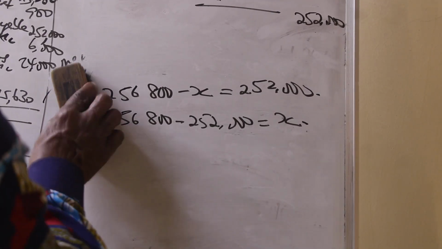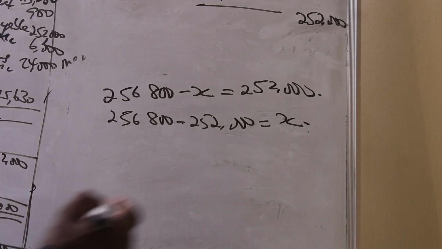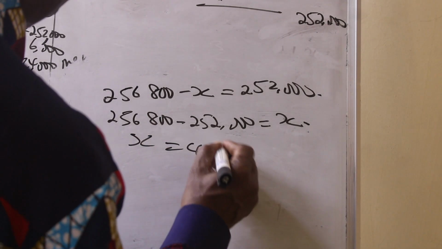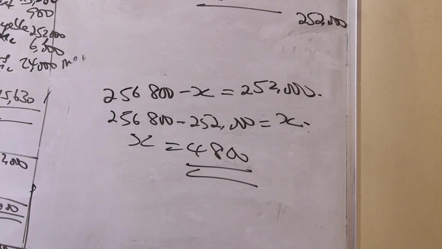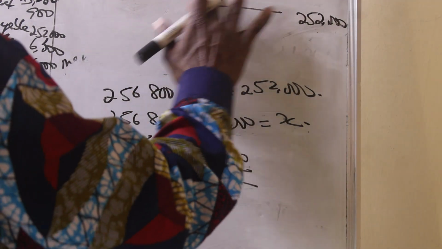We get our closing stock of 4,800. Our closing stock is 4,800. So we capture our 4,800 here.